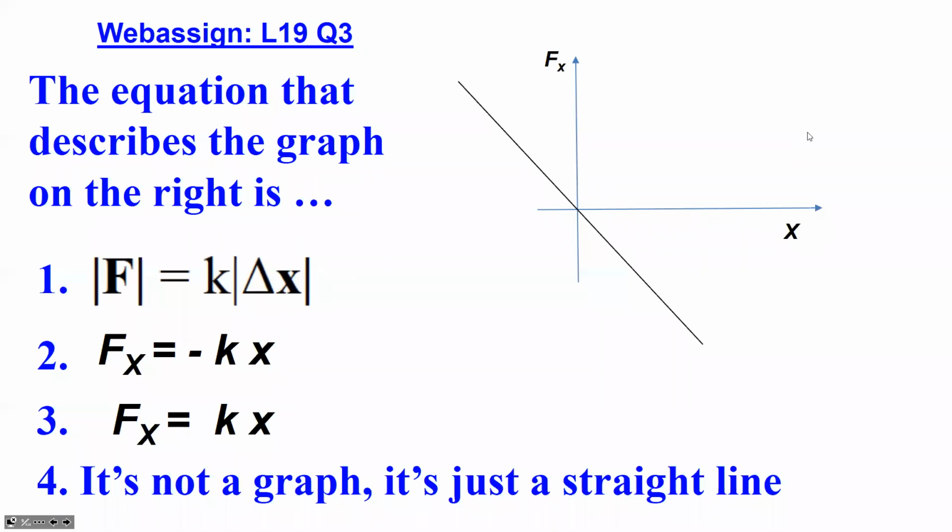And question number 3, the most popular answer is number 2, which, of course, is correct. Because here, for every positive x, we've got a negative value for the x component of a force, and for every negative x, we've got a positive value for the x component of the force. So to represent this relationship, we have to use a minus.